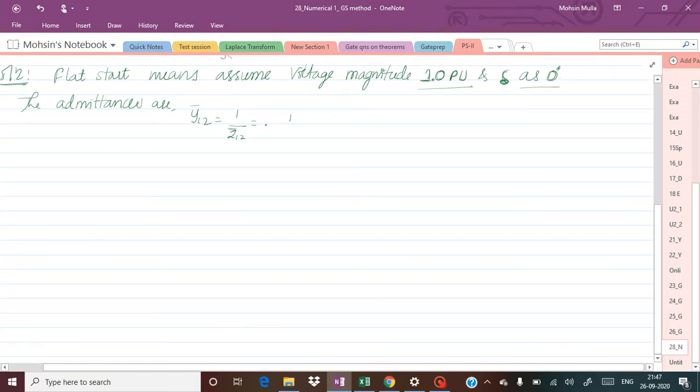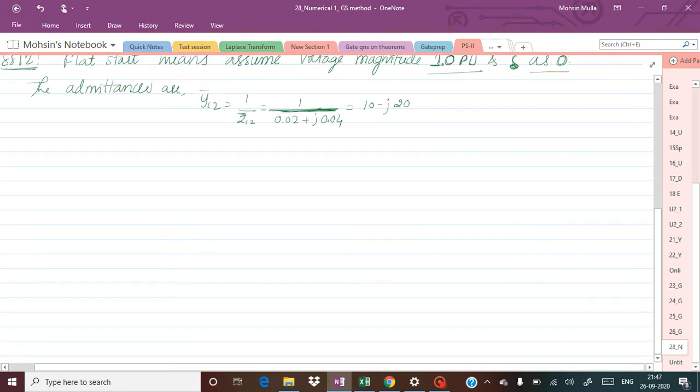Now we need to calculate this by substituting the given values of z12, z23 and z13. First, let us calculate y12 by substituting the value of z12, which is 0.02 plus j0.04. You can use your calculator in complex mode to determine the value, and you will get 10 minus j20.